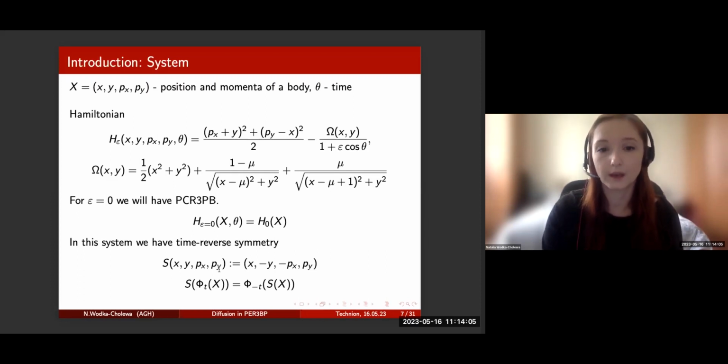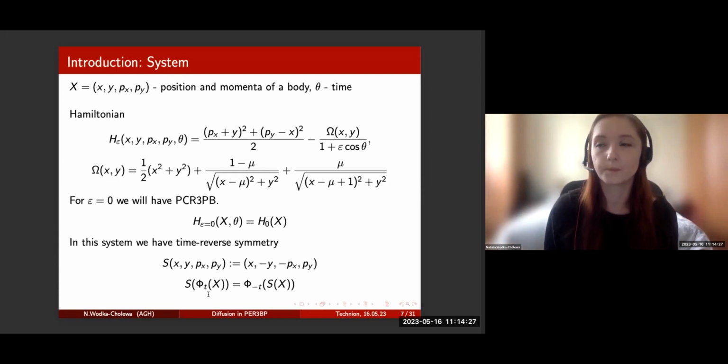So if you take a point, and phi t is the flow of our system connected to the Hamiltonian, and if you do the symmetry, that means you get the point that you make a symmetry and go backward in time.